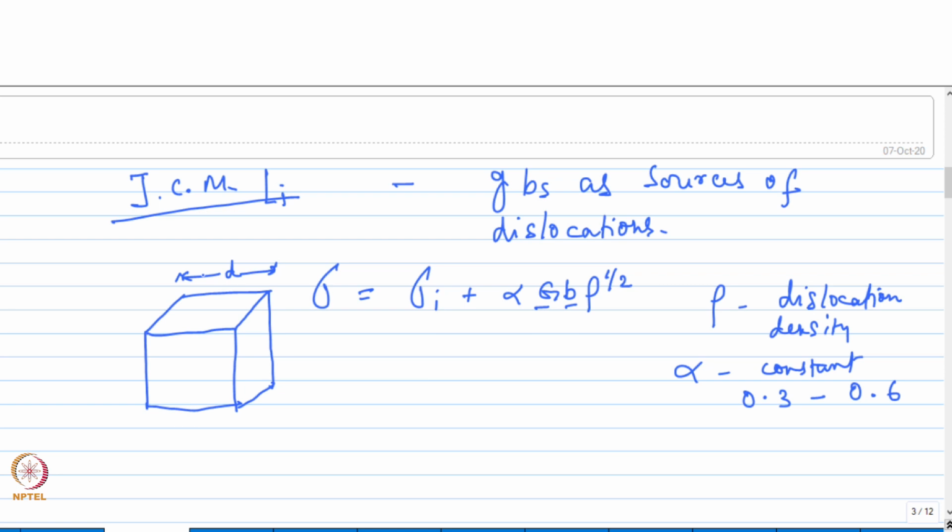So as I said before, the dislocations will be generated by the grain boundaries, and every boundary will have its own efficiency of emitting dislocations. So let's say M is the efficiency of grain boundaries to emit dislocations.